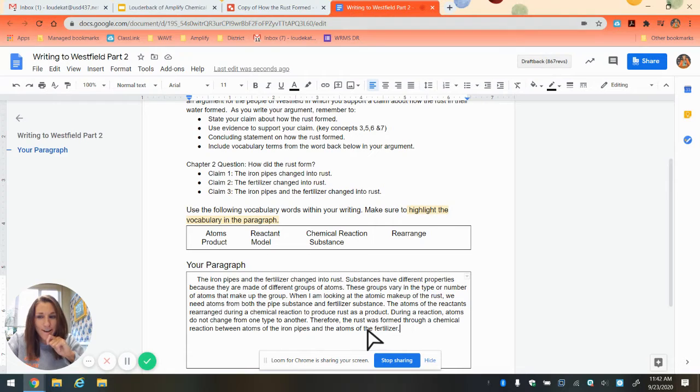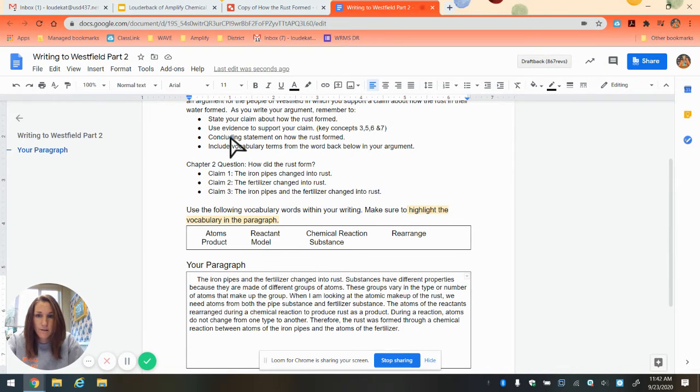And I actually like that really well because it's common terms for the people of Westfield, which is what they need. Sometimes it's good to have that scientific explanation, but putting things back into common terms is even better when you're explaining situations to the people of Westfield or anybody. All right, so then I've got my claim, correct.